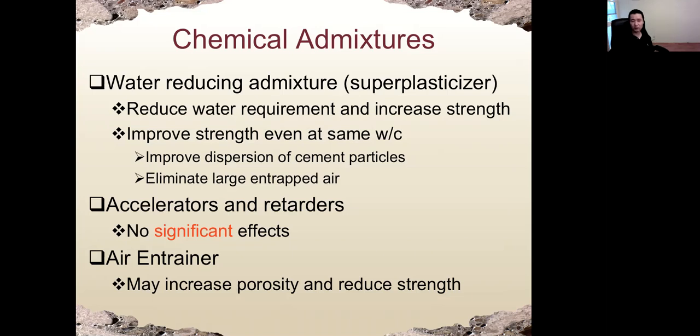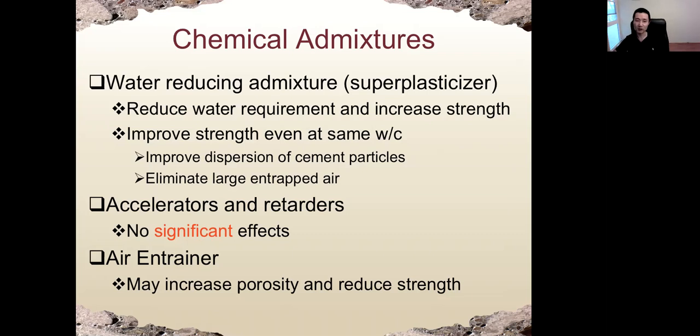For accelerators and retarders, they have no significant effect, but they may have some minor effect because, remember, temperature has an effect on strength. Increasing the temperature will increase early age strength and reduce the final strength. When we use an accelerator, it has the same effect as higher temperature.